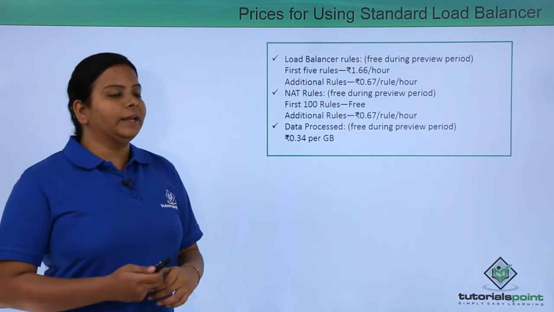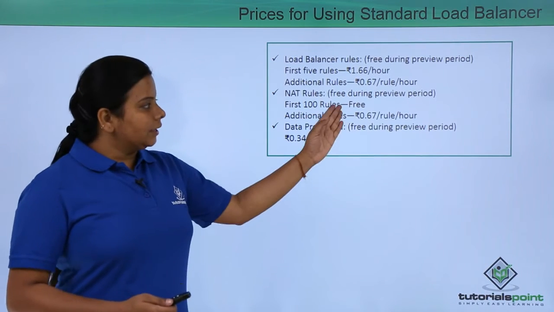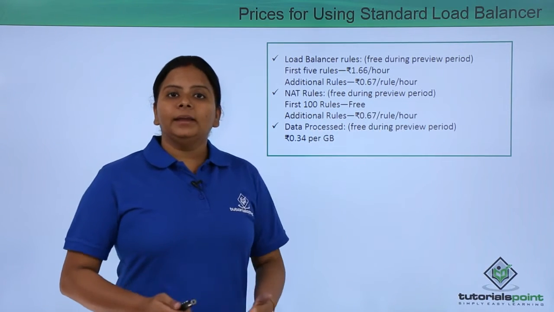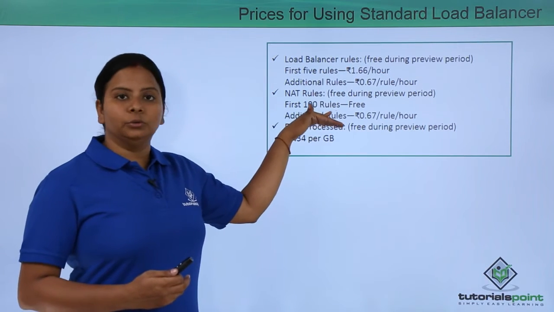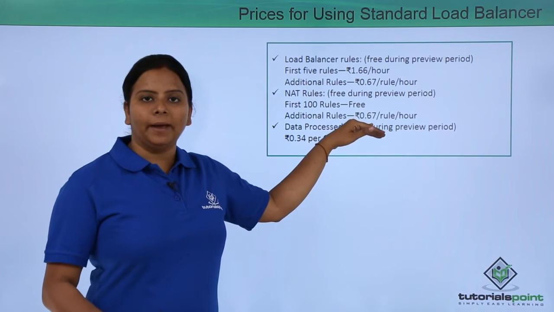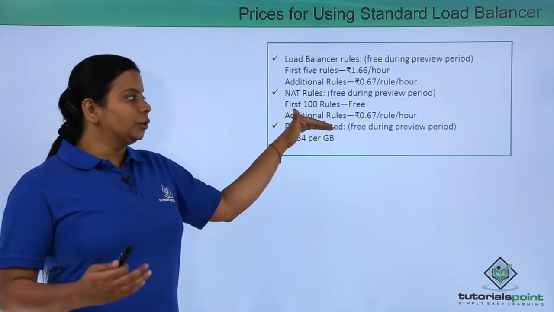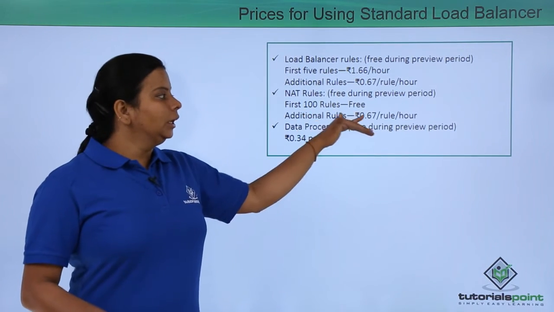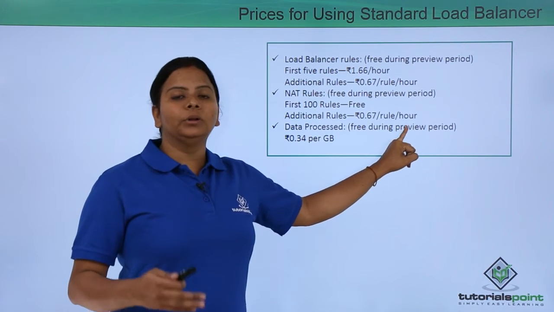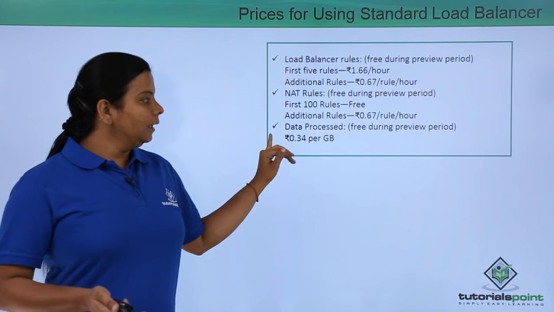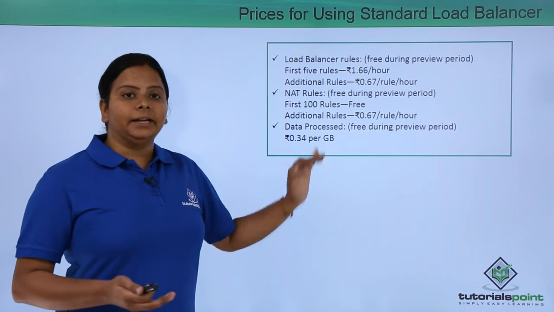Same way, if we create any NAT rules, it is again free during your preview period. But if you create the first 100 rules, it is free for your load balancers. If you are going to create more than 100 rules, you need to pay 0.67 rupees per rule per hour. Same for additional data processing.